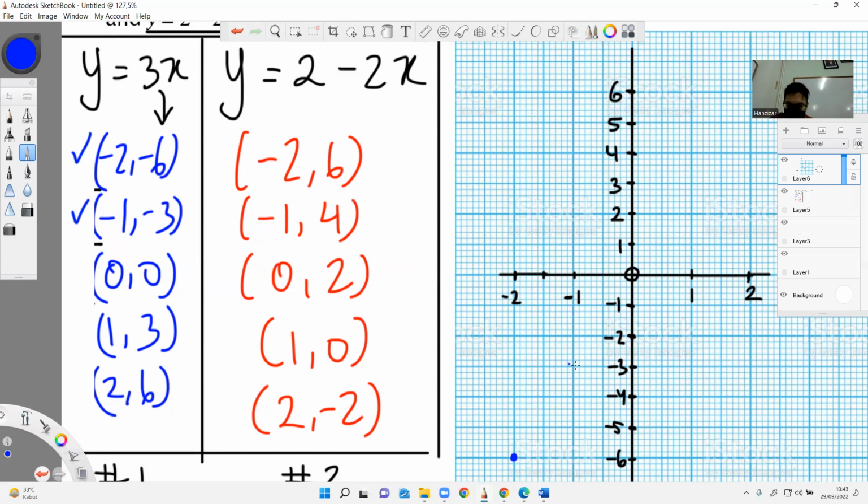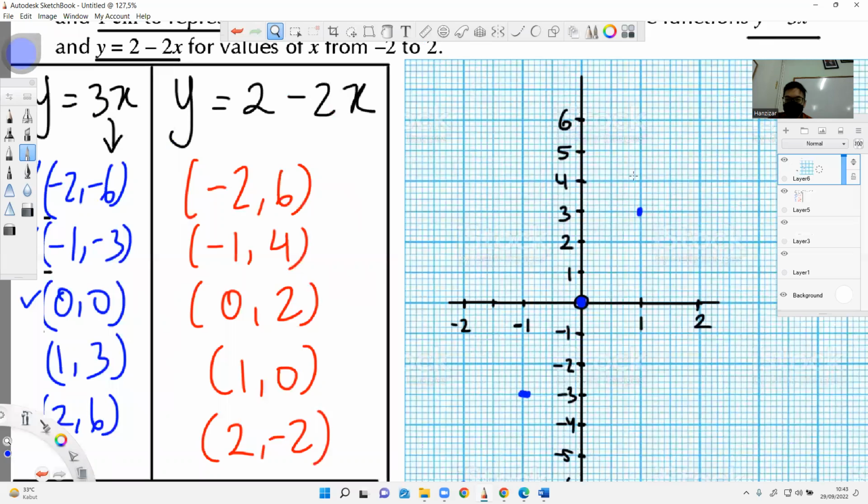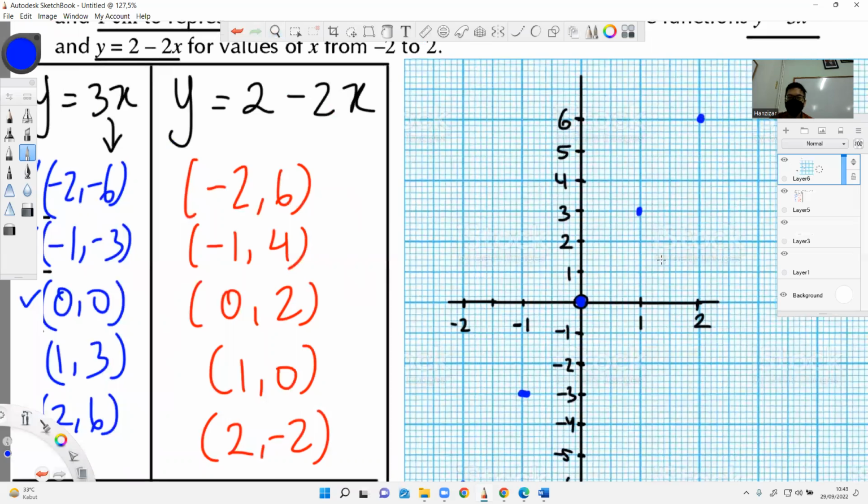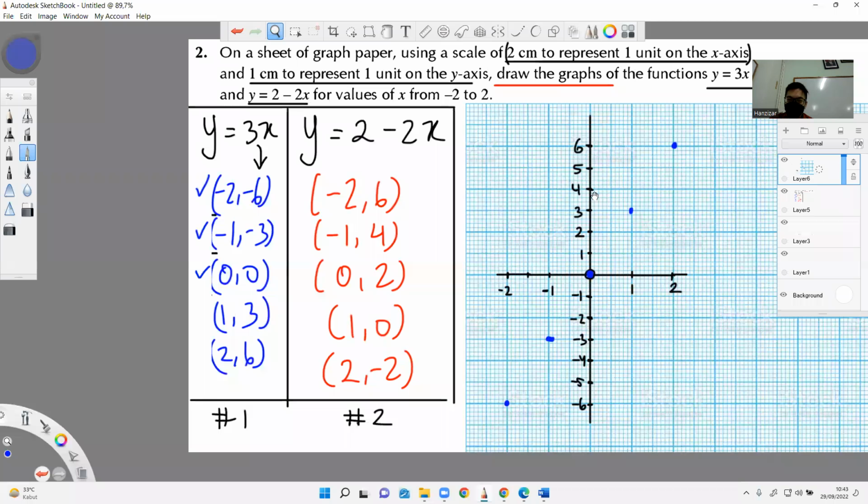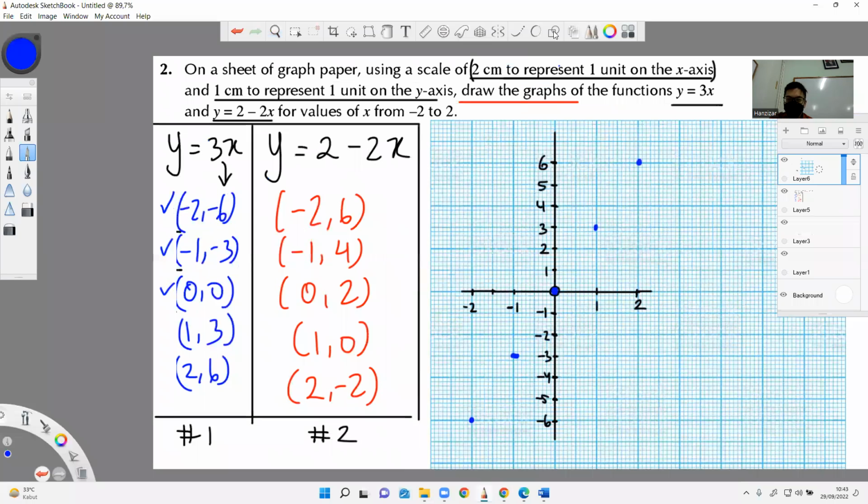That's right. 0, 0. Very simple. Here, right? 1, 3. That's it. Nice. Okay, nggak muat, nggak cukup. 2, 6 here. Okay, yang paling atas. That's right. So that's for the first drawing. Okay, first function. There you go. Done.